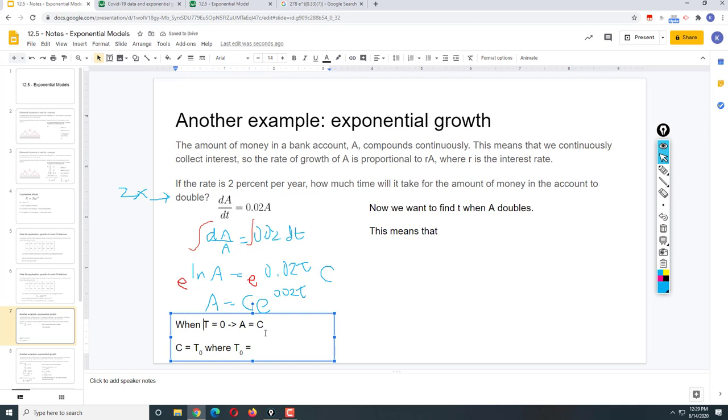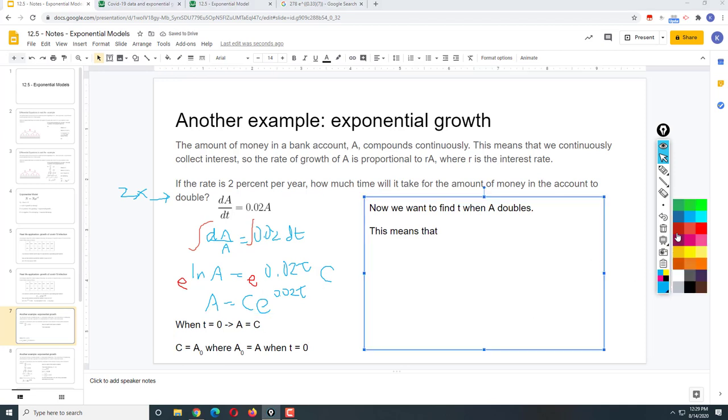So when t equals 0, A equals c. So we can say that c equals A naught, where A naught is equal to A when t equals 0. That means that we have our function, and it looks like A equals A naught e to the 0.02t.